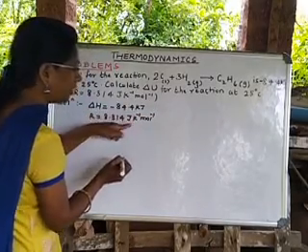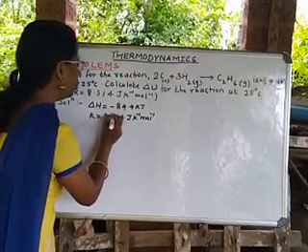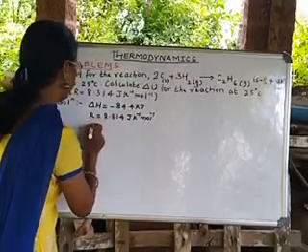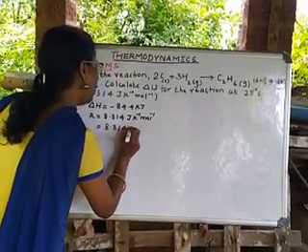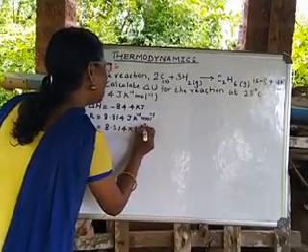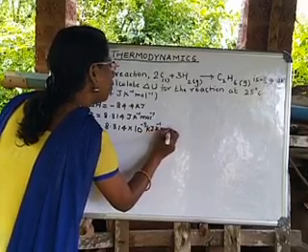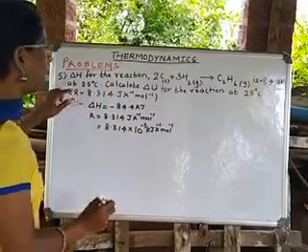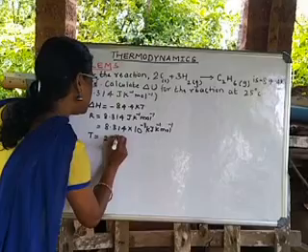Now one is in kilojoules and the other is in joules, so we are supposed to convert joules into kilojoules. So R is 8.314 into 10 raised to -3 kilojoules K inverse mole inverse. R value and delta H value we have written, and the temperature is given to you all: it is 25 degrees Celsius.